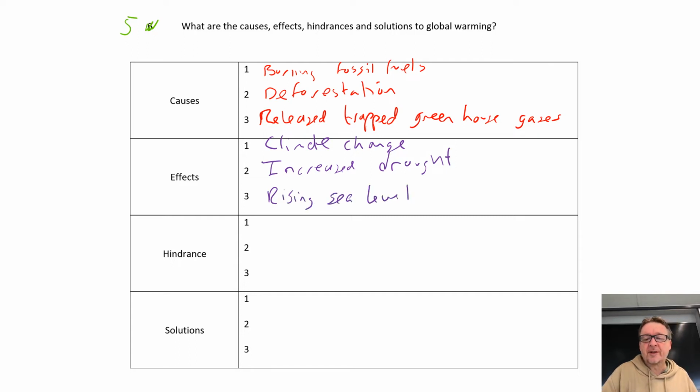Global warming is changing the climate. There are certain places that are getting almost no rain year on year, and rising sea levels because the ice caps are melting. Hindrances to us actually sorting out global warming is lack of awareness.